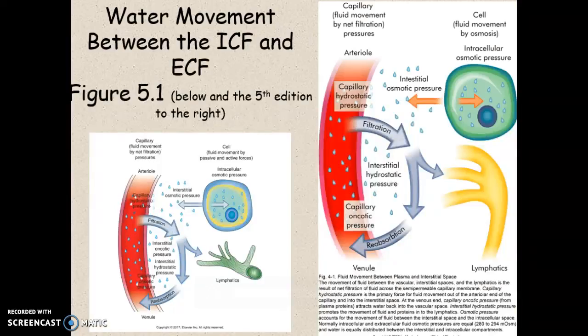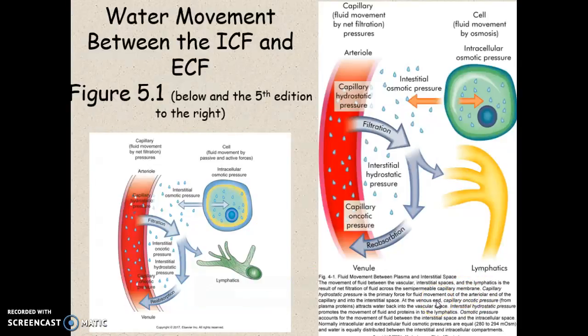Now, there's a lot on this page. It's a lot of good stuff. What these 2 figures show is fluid movement between the intracellular fluid, the IC, and the extracellular fluid, the EC. This figure is in the 6th edition textbook, and this is the 5th edition textbook.